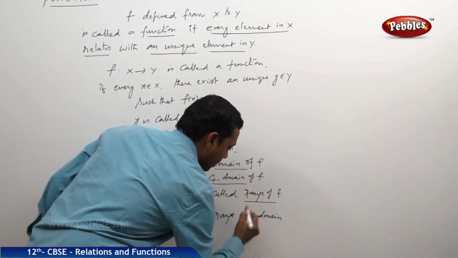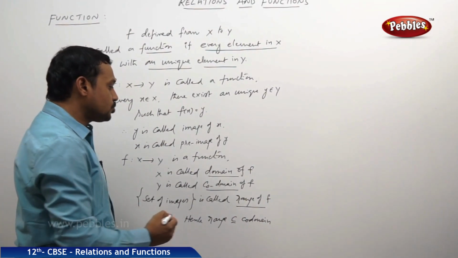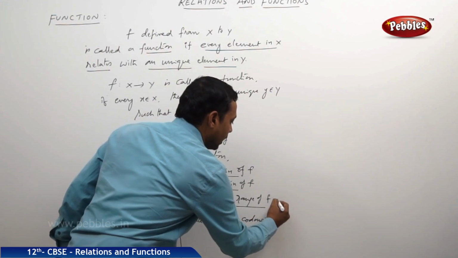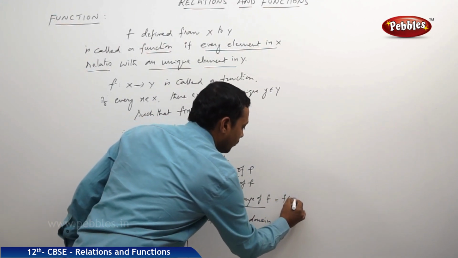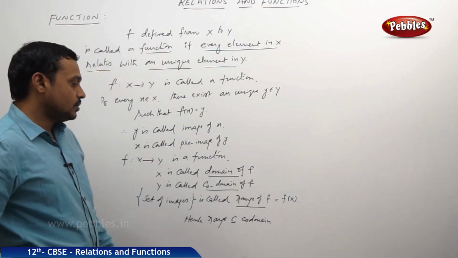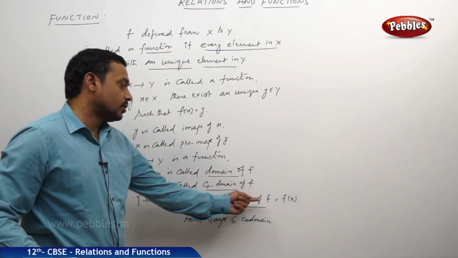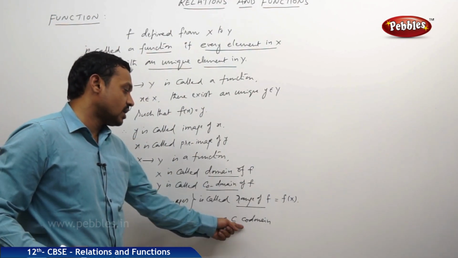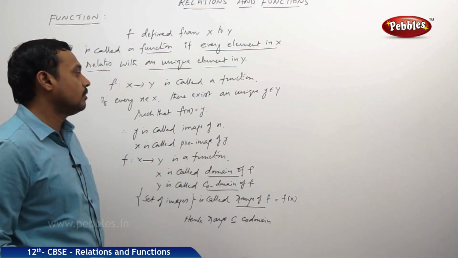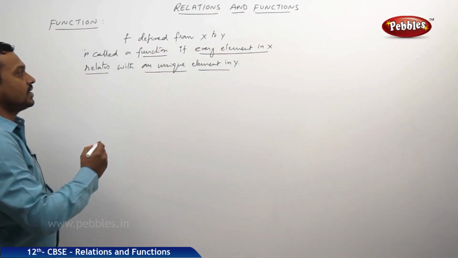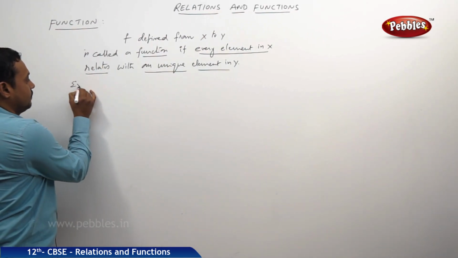Of course, sometimes it may be equal. The range of f is denoted by f(X), and f(X) is always a subset of codomain Y. Now let us take one example for this.